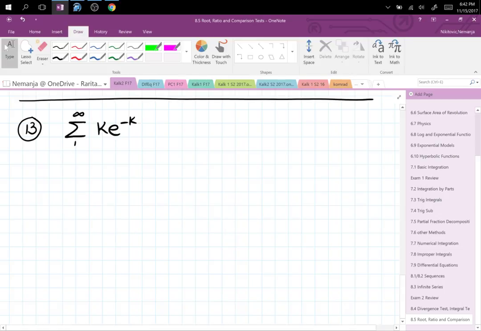I'm going to write the first step, and that is to rewrite the series as k divided by e to the k, because it's easier to deal with stuff that way. It's just an algebra step.